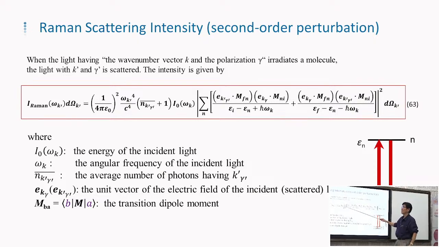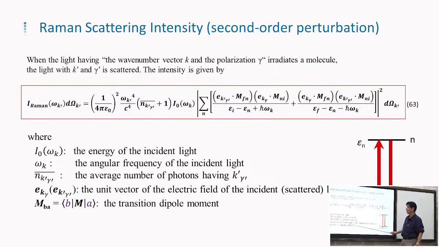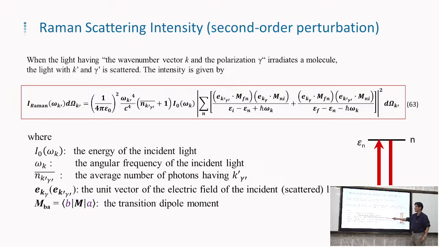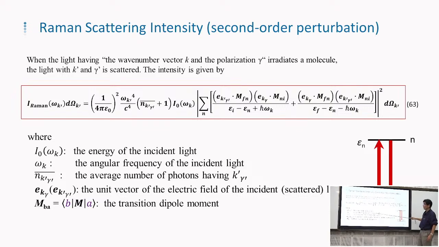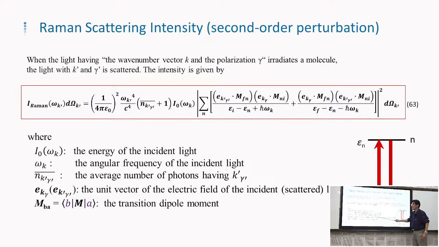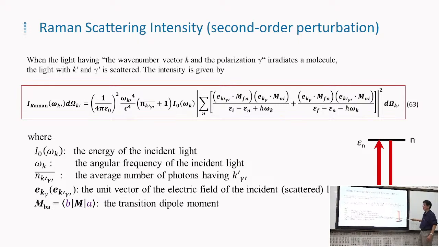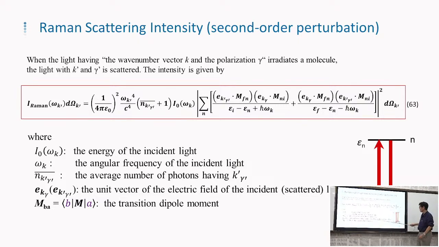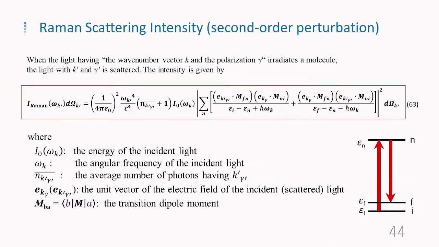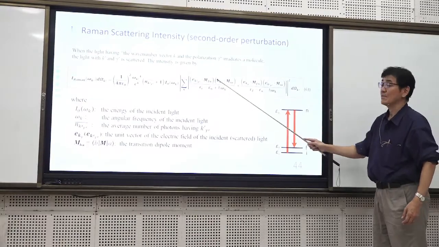And the Raman intensity has a finite value when the energy of the incident light is not zero. And omega_k indicates the angular frequency of the incident light. N_kγ that appears here indicates the average number of photons having k'γ'.